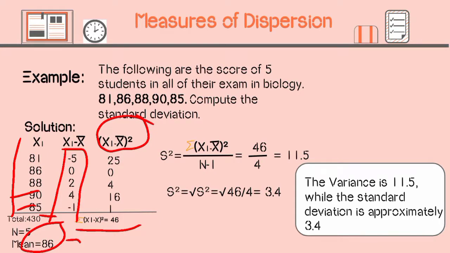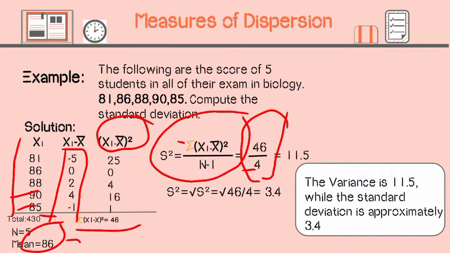To get the variance, we're going to use this formula. Since we already have the value of the sum, which is 46, n minus 1 is 5 minus 1, equal to 4. So we divide 46 by 4, which is equal to 11.5.